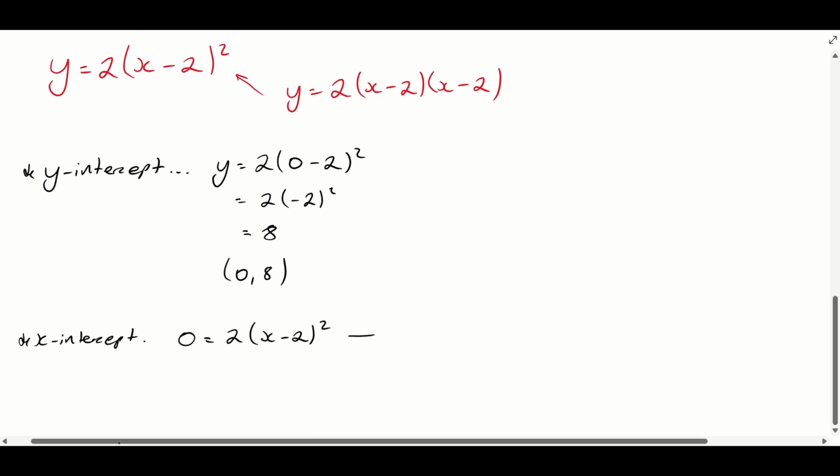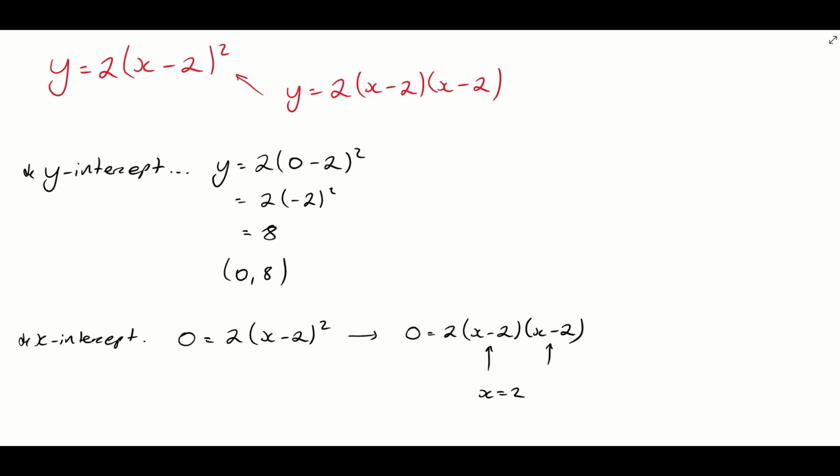Or in other words, when 0 is equal to 2 times x minus 2 times x minus 2. And what we see from our null factor theorem is that both of these brackets give me the same answer, that x can be positive 2. So I get what we call a repeated solution, or a repeated root. I just get my x is equal to 2 pop out.